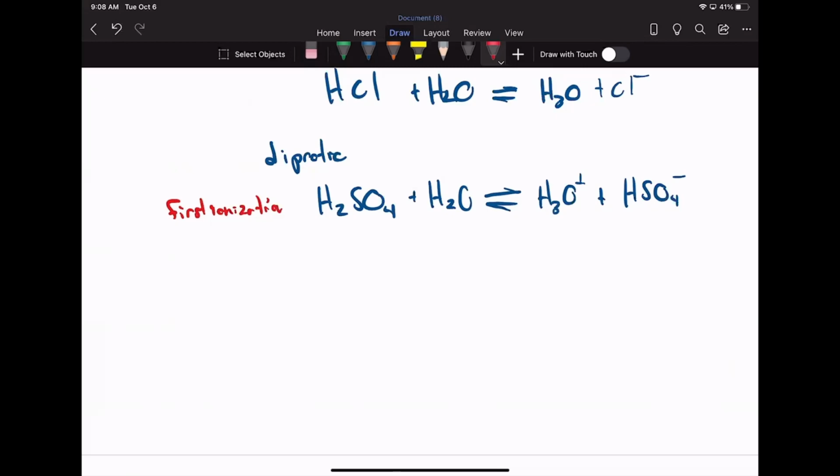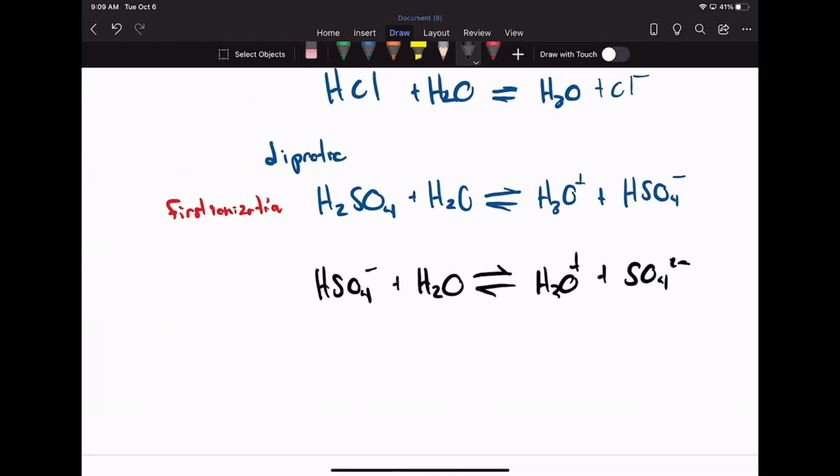So here I can write another reaction that says HSO4 minus, because I still have a hydrogen to donate. If we put that in water and now that acts as our acid, I'm going to get some hydronium, plus SO4 2 minus. And we'll consider this the second ionization.